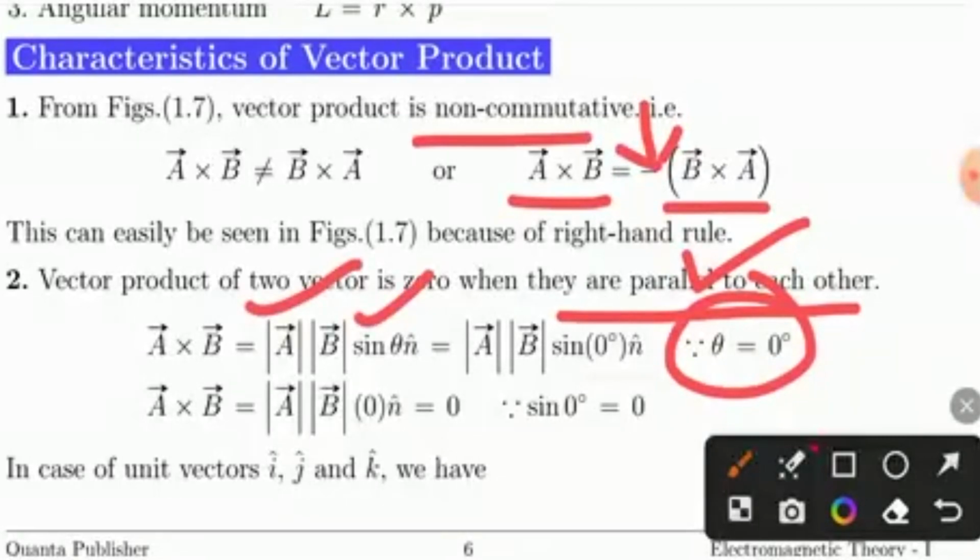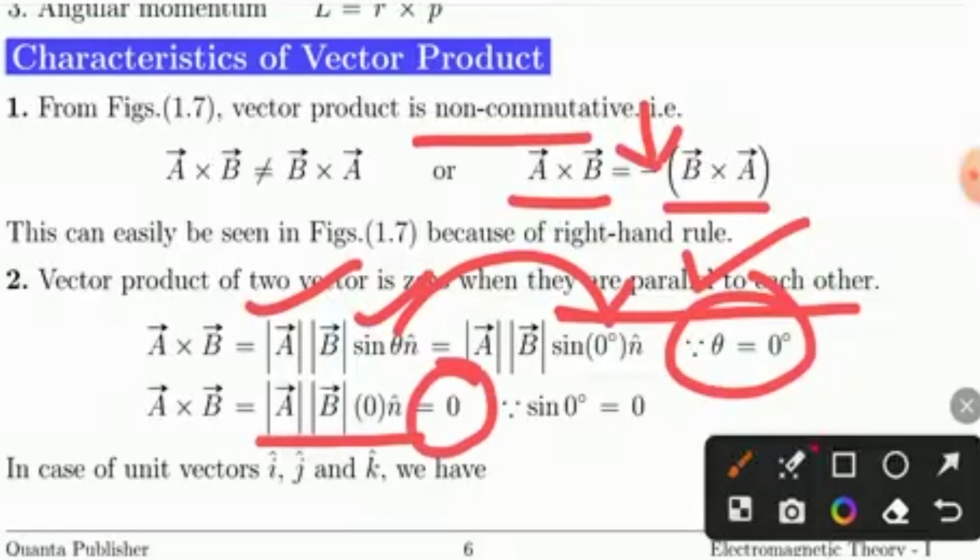into the normal unit vector. Replace the value of theta over here, that is 0 degrees, and sine 0 is equal to 0. And the right hand side totally becomes equal to 0. It means the vector product will vanish when the angle between the two vectors is equal to 0.